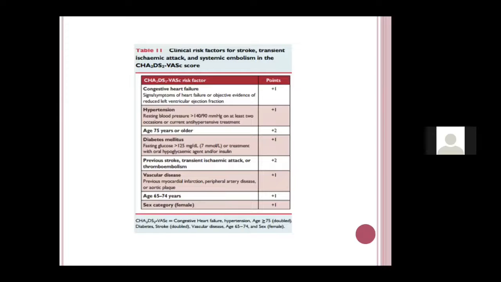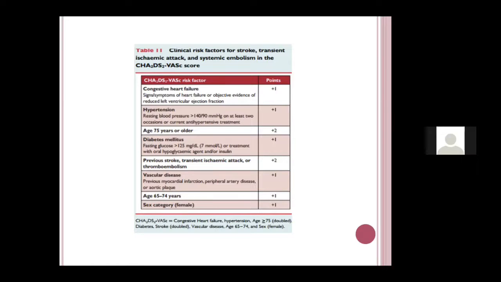I think all of you will be using the CHADS-VASc score in your day-to-day life because many AFs will be there. And this CHADS-VASc is only for non-valvular AF. Never use CHADS-VASc for a valvular AF because a valvular AF always needs anticoagulation irrespective of the CHADS-VASc score. So you should see if there are congestive heart failure signs or symptoms or not.